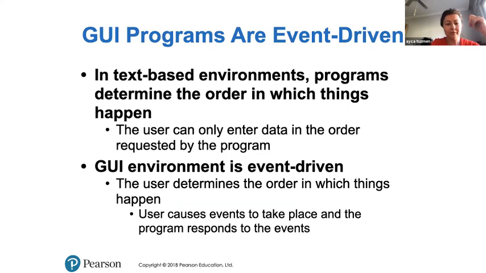In this environment, the user can only enter data in the order that the machine allows, so the interaction is already defined. In the GUI environment, it's event-driven, so the user determines the order in which things happen. That's why it's much more preferred by the user. The user causes some events, we listen to them, and then we can respond to them. So it's a different kind of interaction.